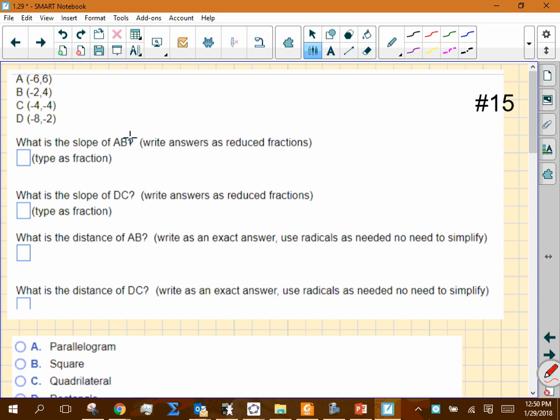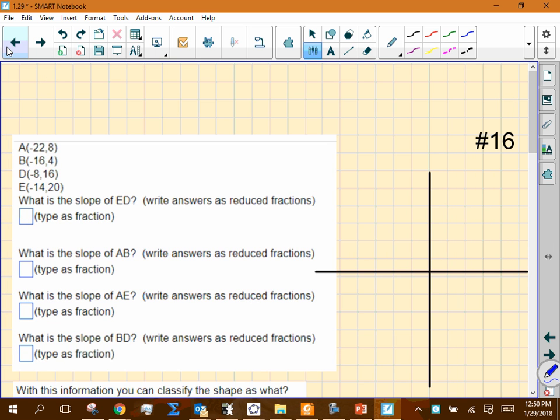Actually, let's go to 15. Yeah, we'll do 15. If we look at 15 and we look at 16, you see 16's ordered pairs were kind of crappy to have to plot, right?